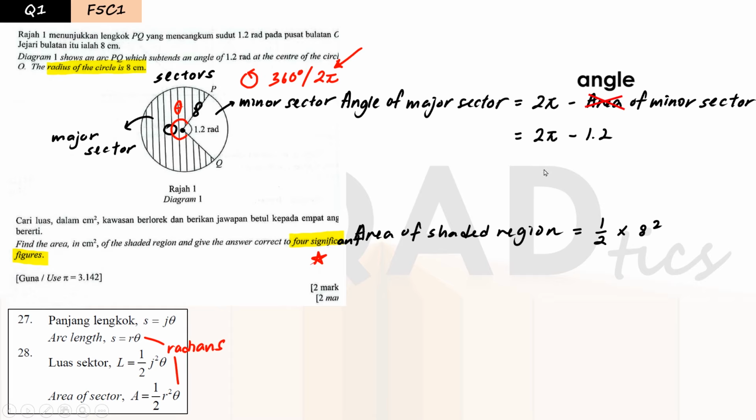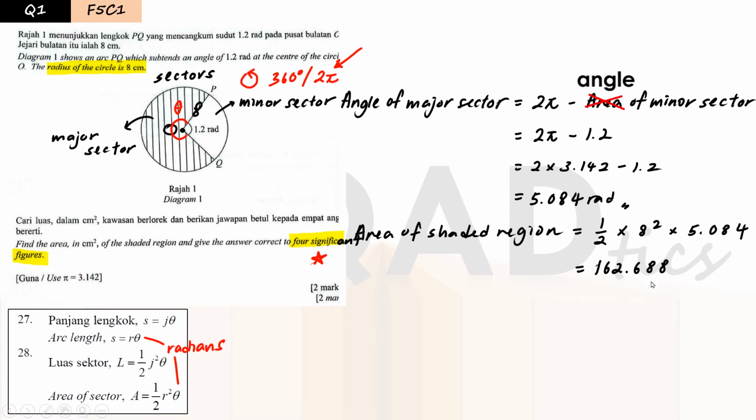For the pi here, let us use the value given, which is 3.142. If we minus, we will get 5.084 for our theta. Let's use this value and multiply here, and if we put this into the calculator, we will get 162.688. But is this our final answer?